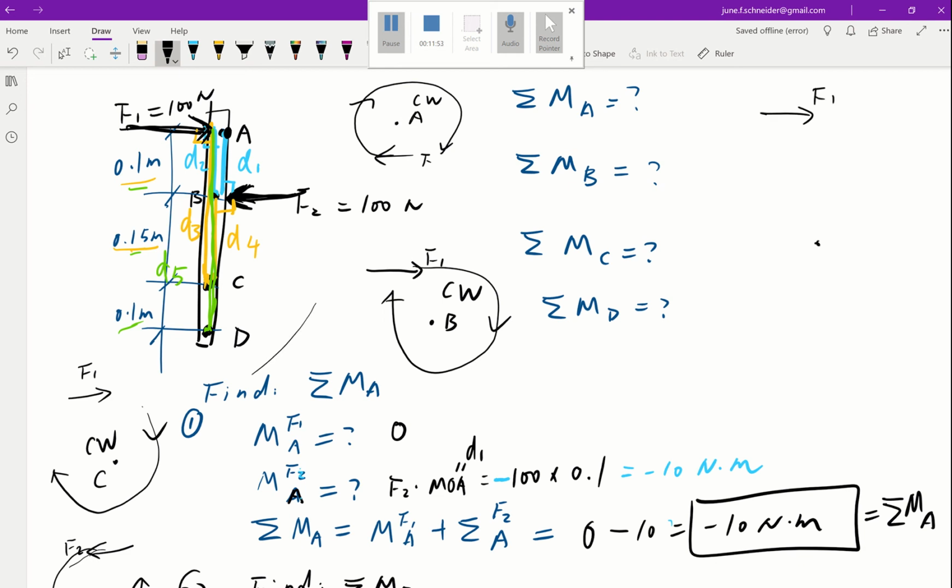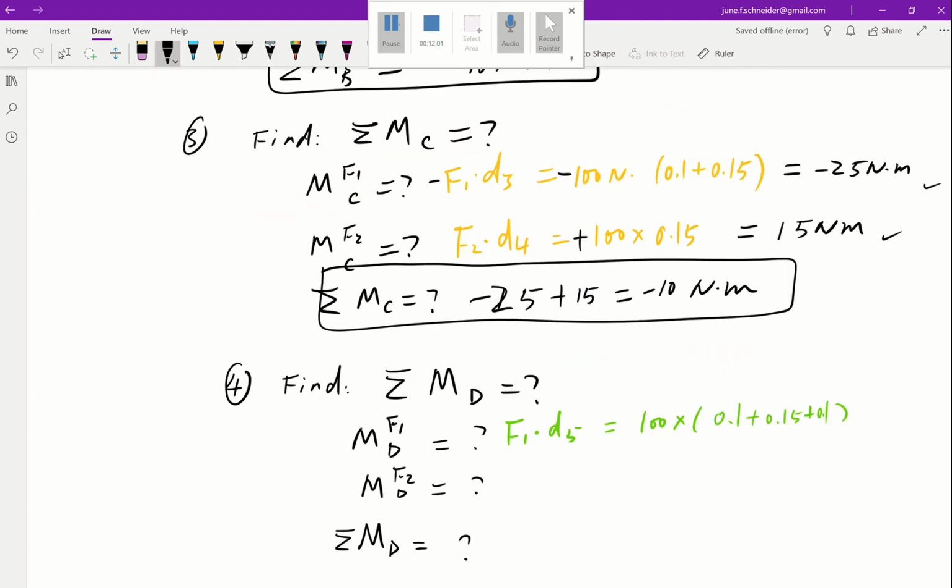F1 rotating about D would be orbiting around. That's clockwise rotation, so that will give us a negative value, since clockwise is negative. And add them together. This is 0.45 times 100. I'm sorry, it's not 0.45, it's 0.35. Times negative 100, that's negative 35 Newton meter.